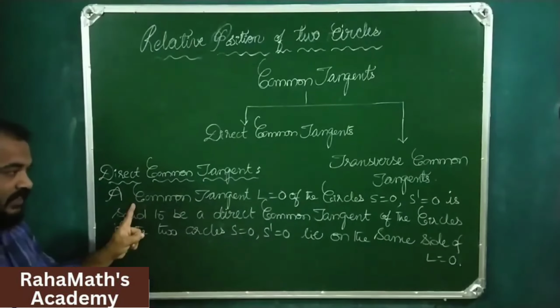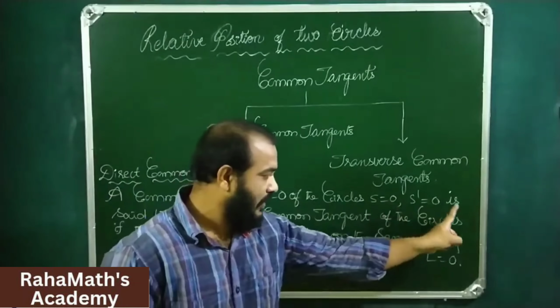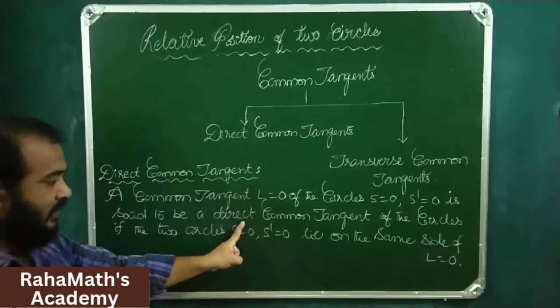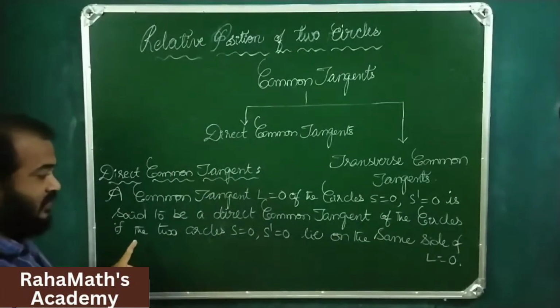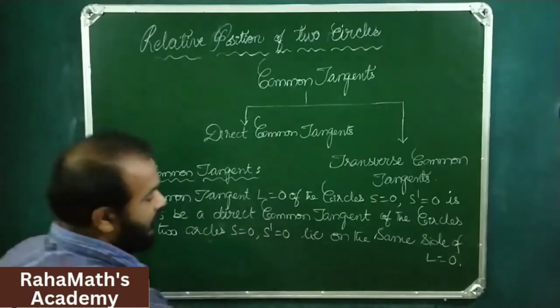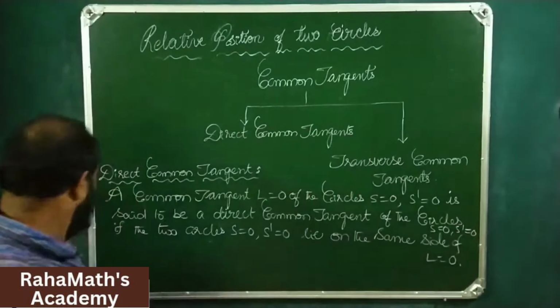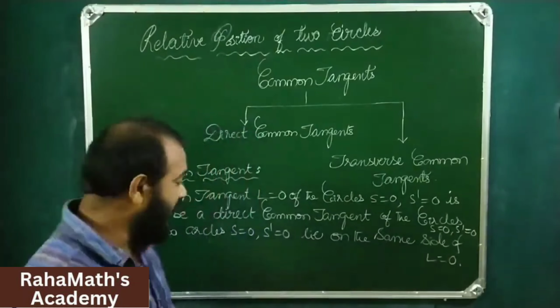A common tangent L = 0 of the circles S = 0, S' = 0 is said to be a direct common tangent if the two circles lie on the same side of L = 0.